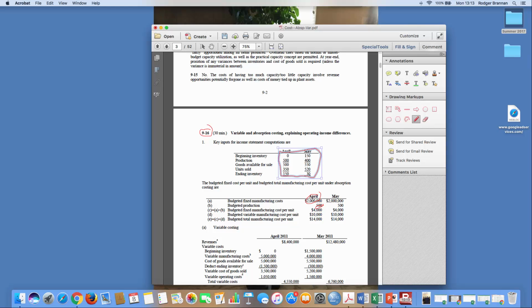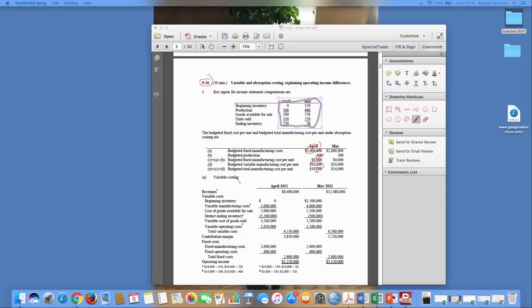Likewise, I'm given the information that I have $10,000 of variable manufacturing cost, and so my total budgeted cost per car is 14,000: 4,000 of fixed manufacturing overhead and 10,000 of variable cost.